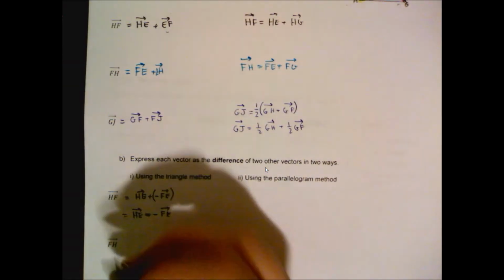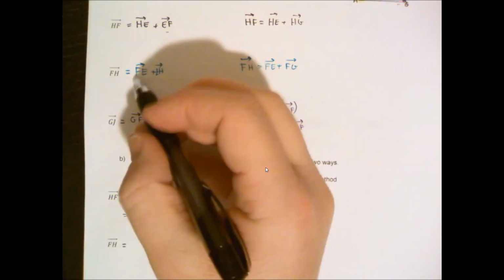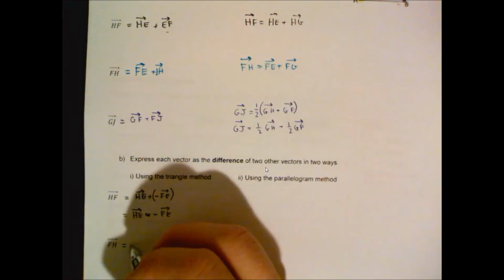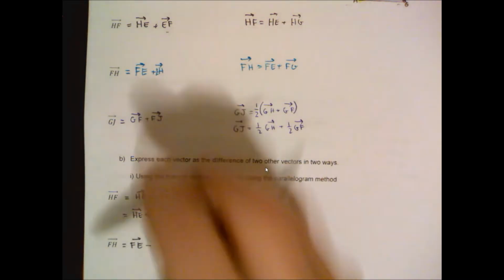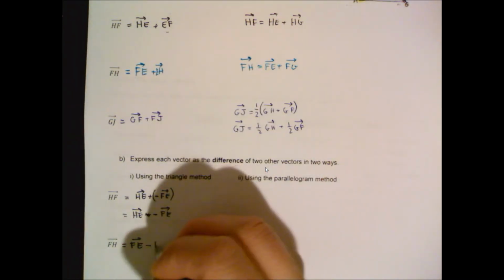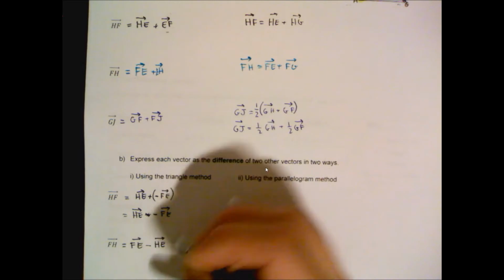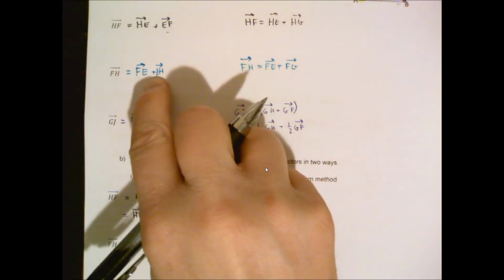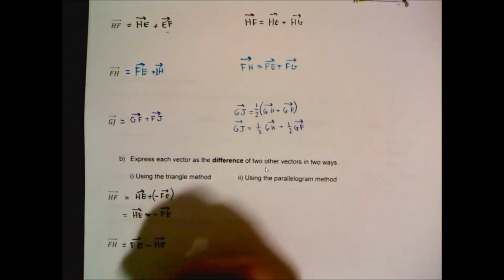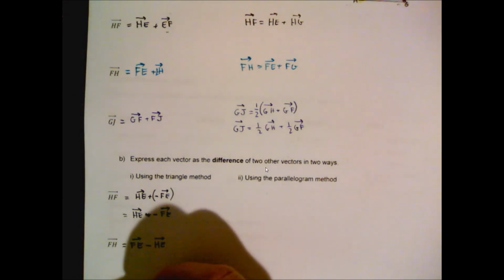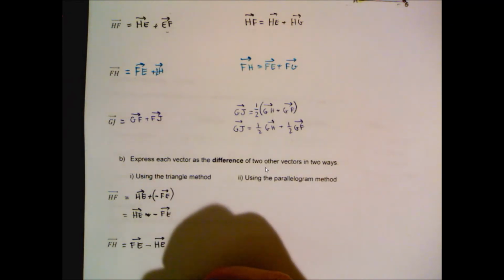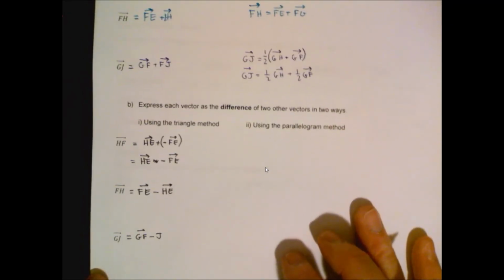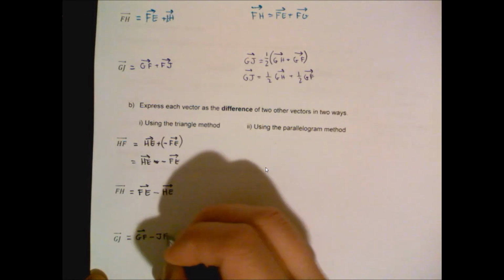I can do the same thing with FH, so I can do FE, and then minus, it was EH, so minus HE. I'm switching the order and switching the sign in front, and you can always do that. Nice thing with vectors. So here, GF minus, switch the order, my apologies, JF.